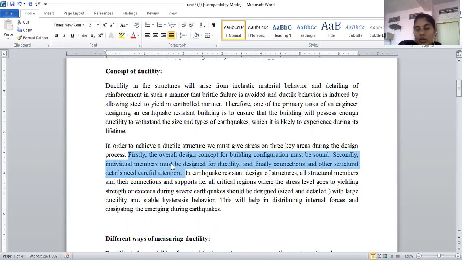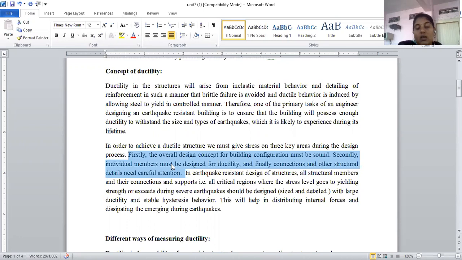And the third one is that we have to give attention over the connections, between the slab and beam, column, and footing, whatever the load path over there, and the steel reinforcement; in that steel reinforcement we have to give attention.